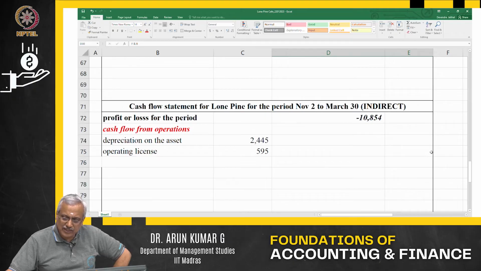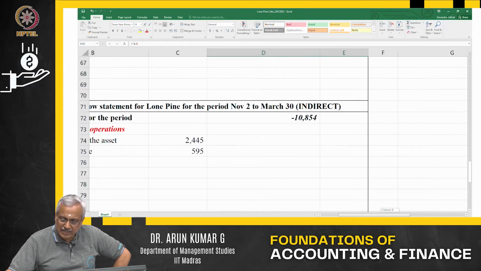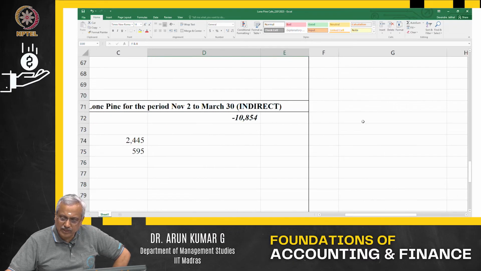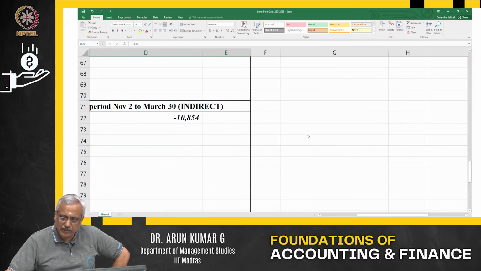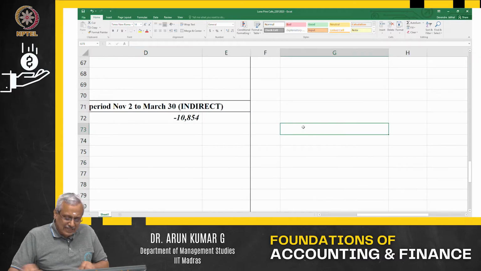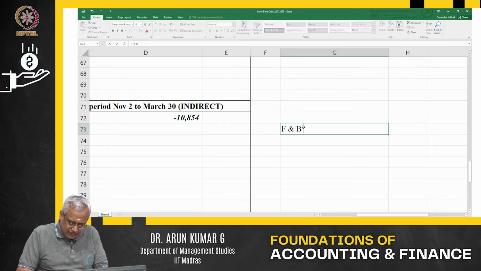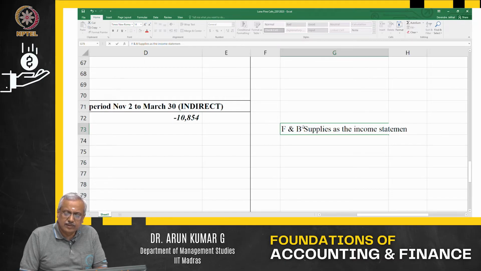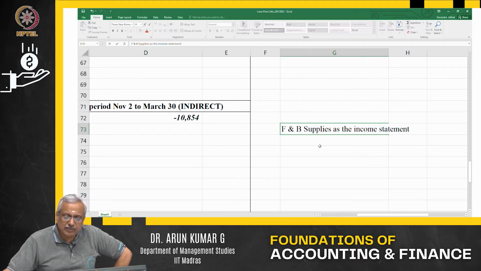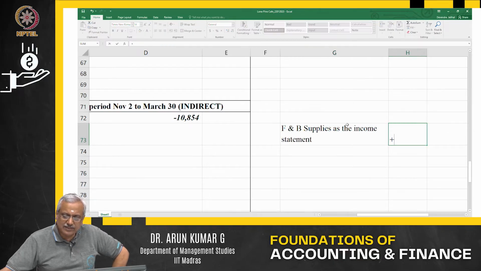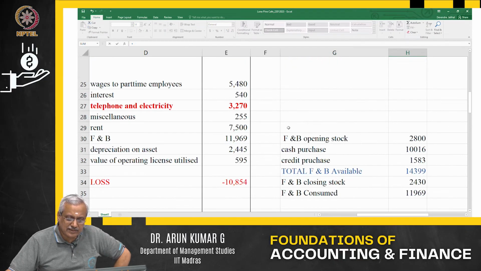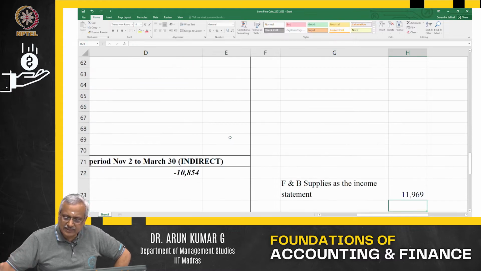Now, please watch out here. I am just going to use this space for working out, for doing some calculations. F&B supplies as per the income statement is, let us go back and get this amount, 11,969.